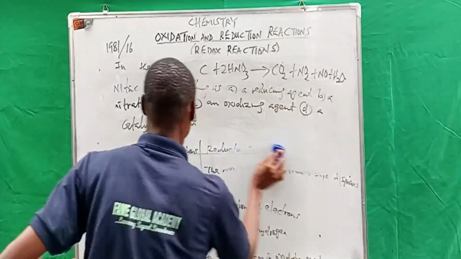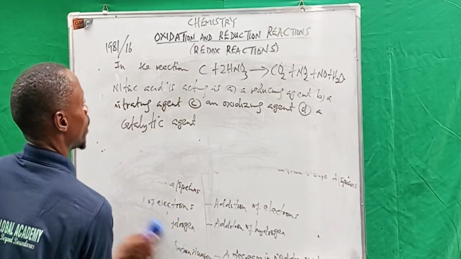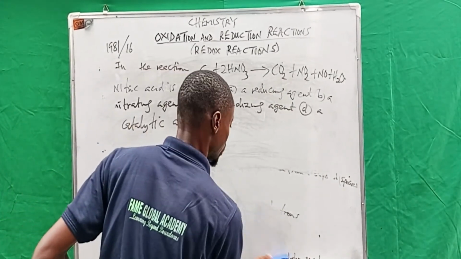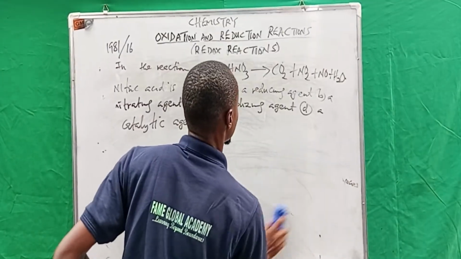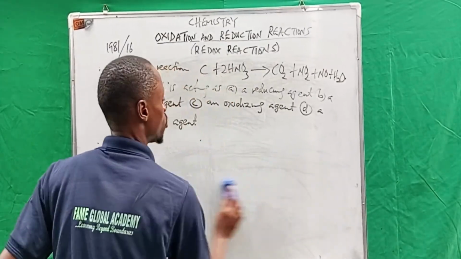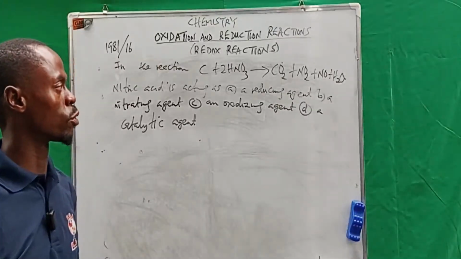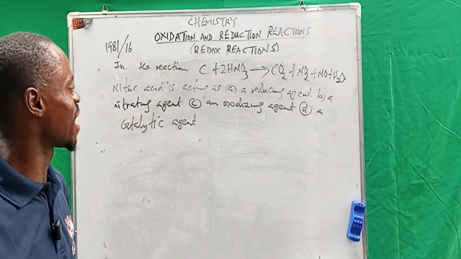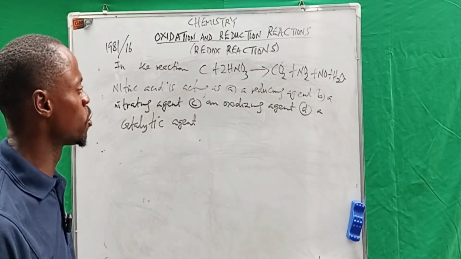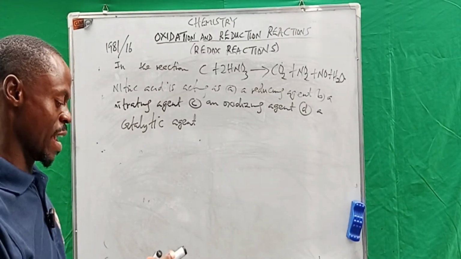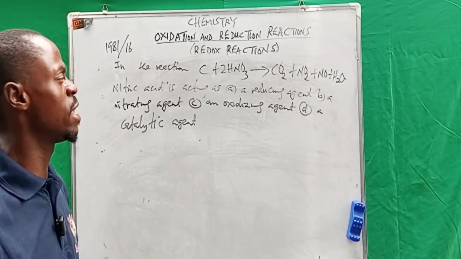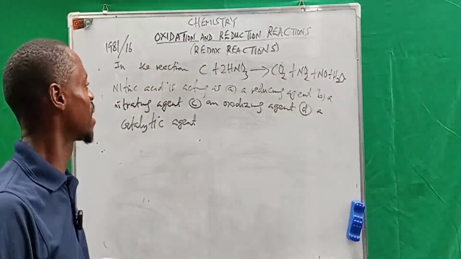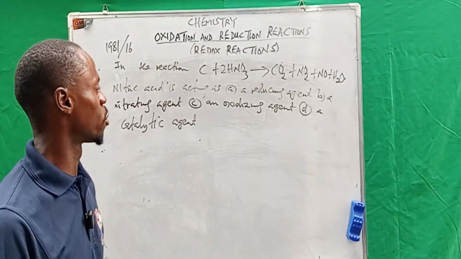All right, we have a question on the board that says, in the reaction, C plus 2HNO3 to give CO2 plus NO2 plus NO plus H2O, nitric acid is acting as A, a reducing agent, B, a nitrating agent, C, an oxidizing agent, and D, a catalytic agent. Let's look at the question critically.